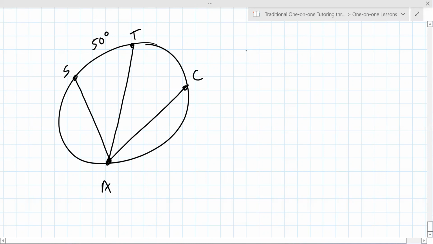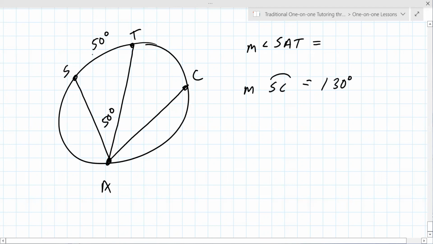Okay, so what is the measure of angle SAT? 50 degrees. And what if I tell you now that the measure of arc SC is 130 degrees.